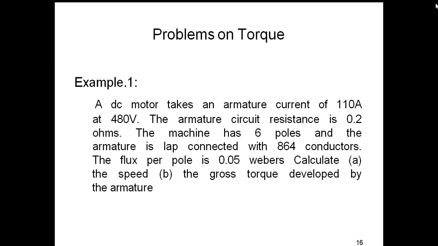The flux per pole is 0.05 Webers. Calculate A. The speed. B. The gross torque developed by the armature.